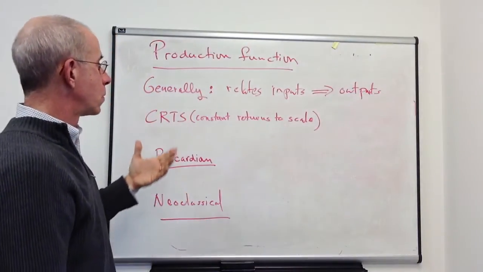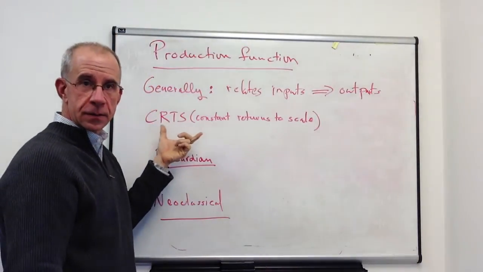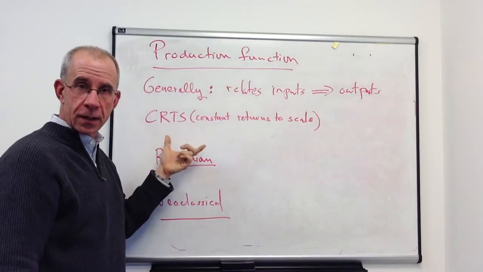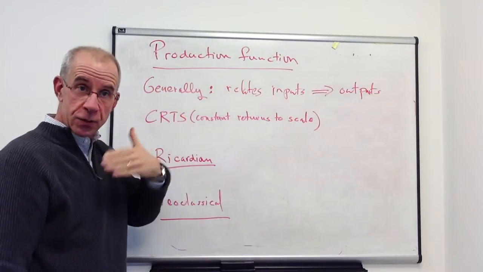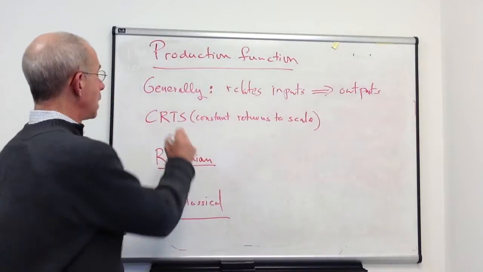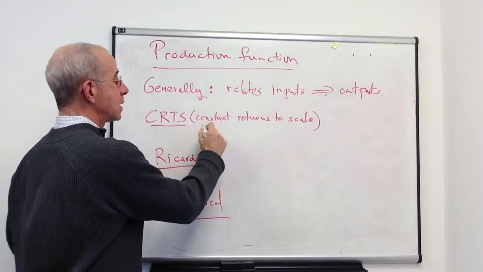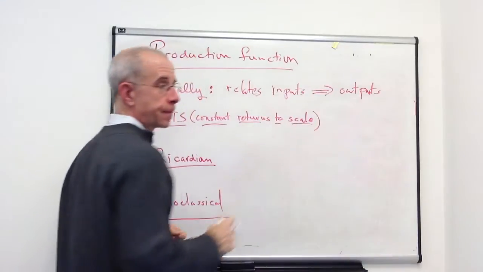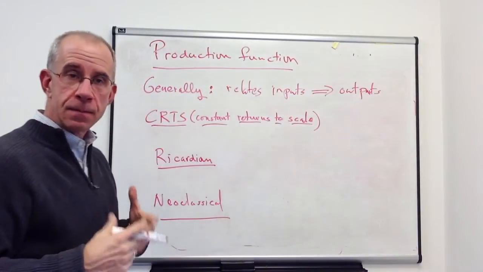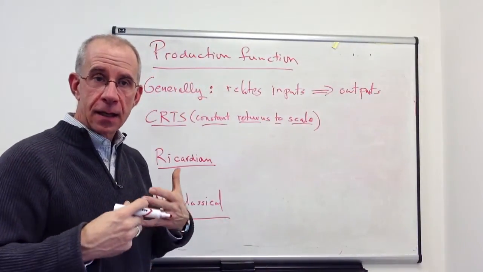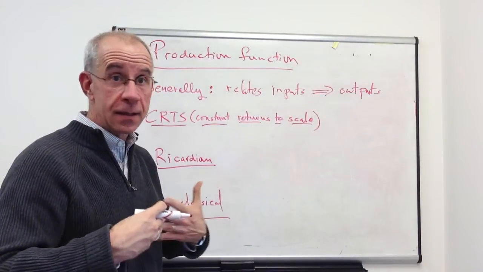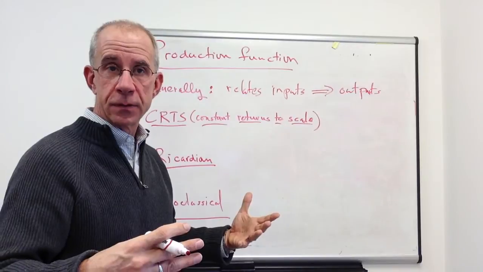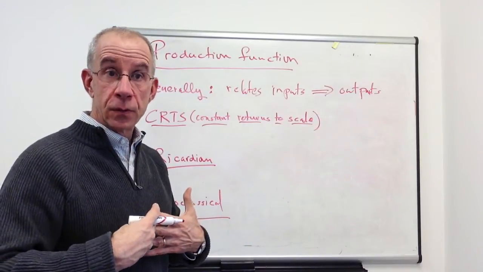Now, one of the common things that we will assume in this class is that the production function, again, this relationship between inputs and outputs, exhibits constant returns to scale. That means that if I increase the scale of production by some percentage, let's say that I double all of the inputs, I'm going to scale up.